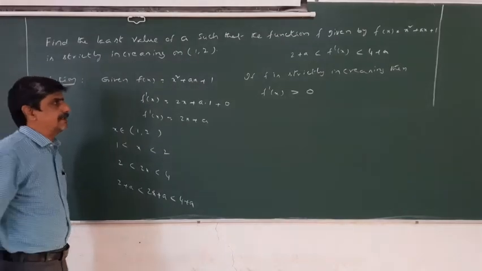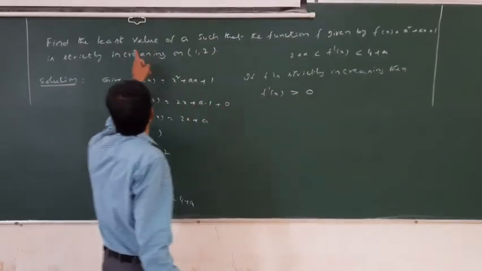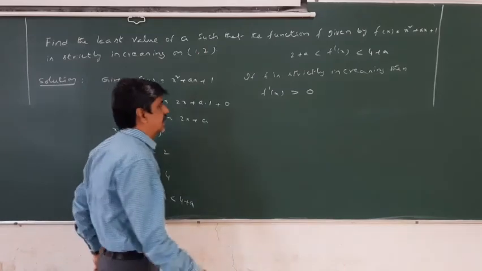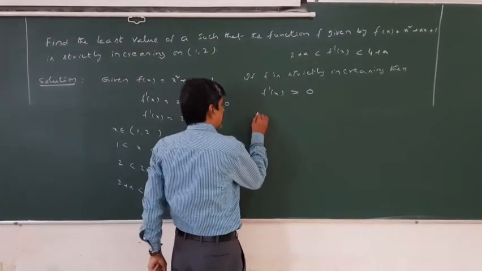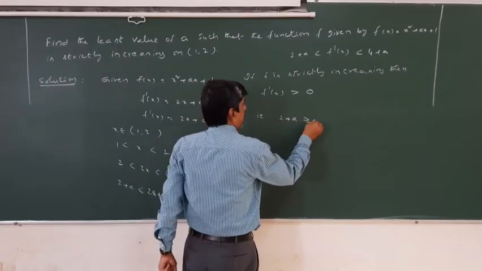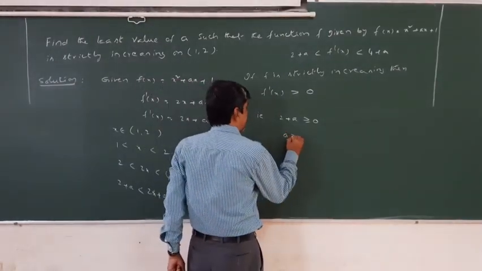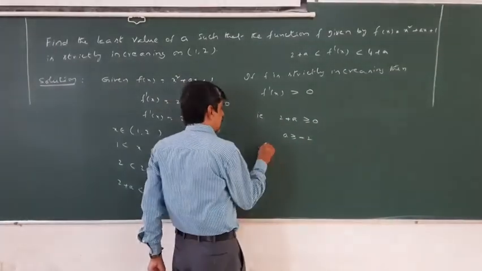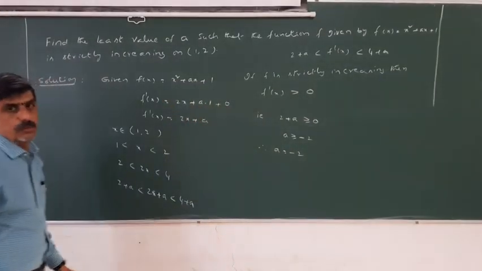Now f of x is strictly increasing on this interval, so for the least value of a, 2 plus a is greater than or equal to 0. So a is greater than or equal to minus 2. Therefore, the least value of a is minus 2.